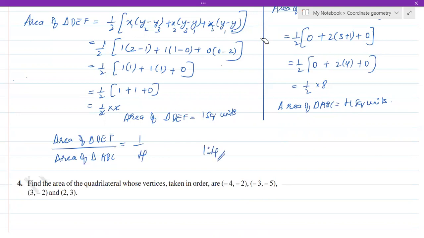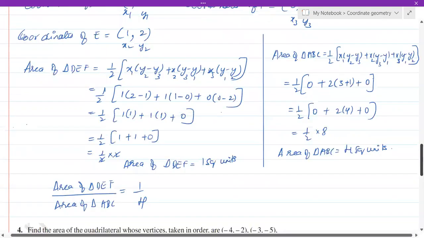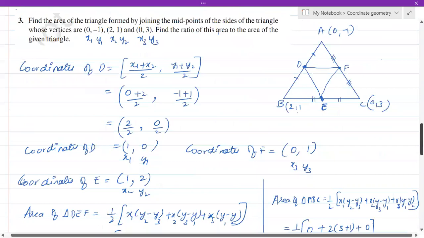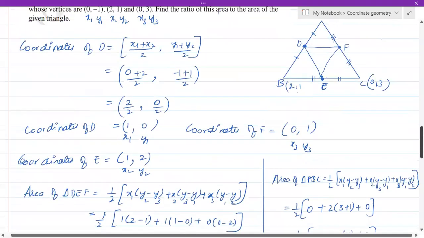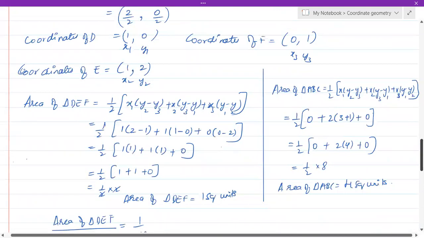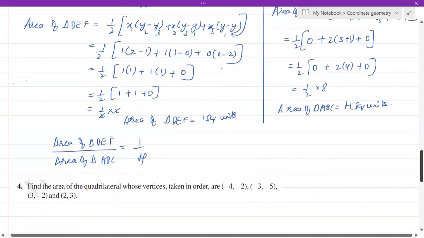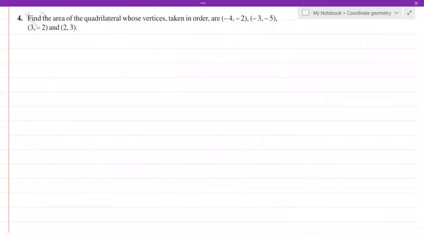That will be the ratio. It's very easy. We found the coordinates of DEF using the midpoint formula. Once we get the coordinates of DEF, we have used the area of the triangle formula to find the area of DEF. Similarly, we have used the area of triangle formula for ABC, and we have taken the ratio according to the question. So let's get into the next one.